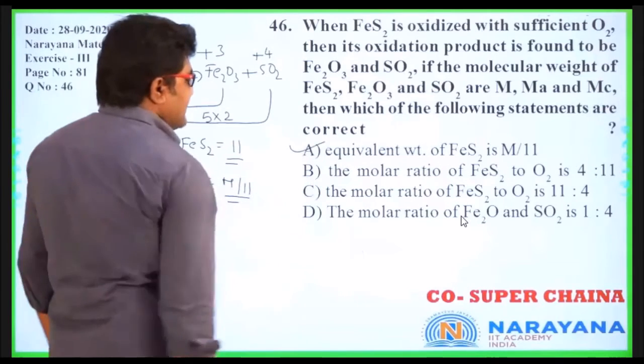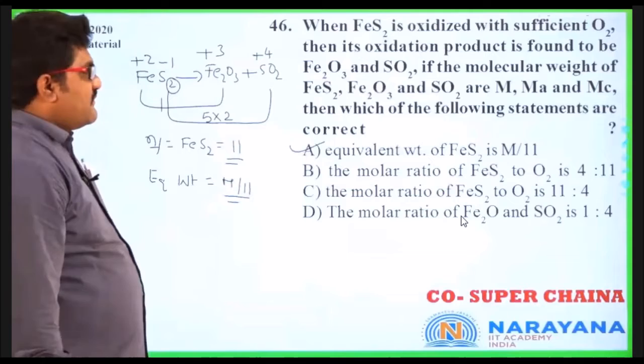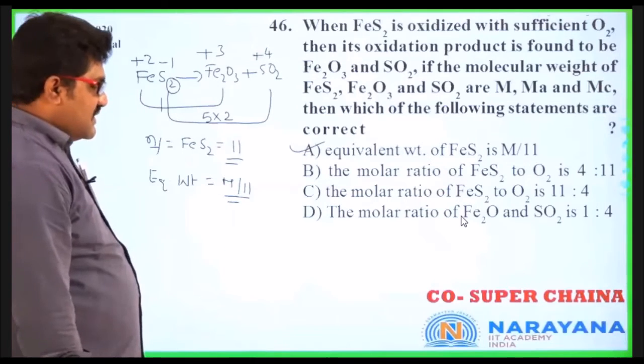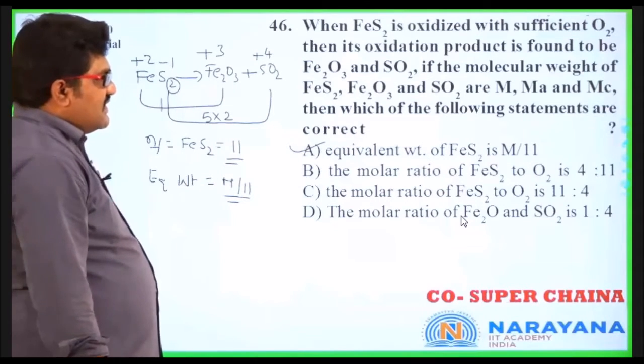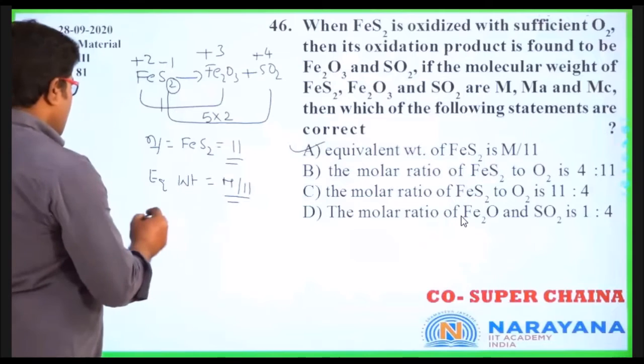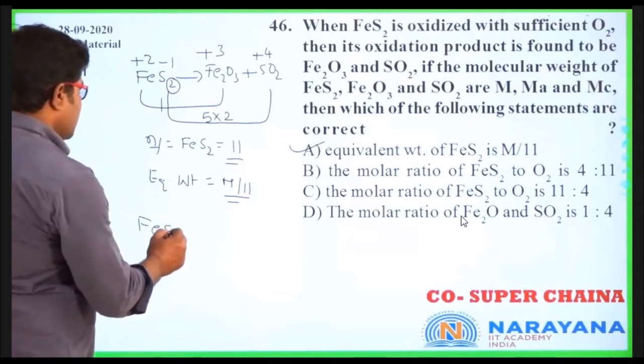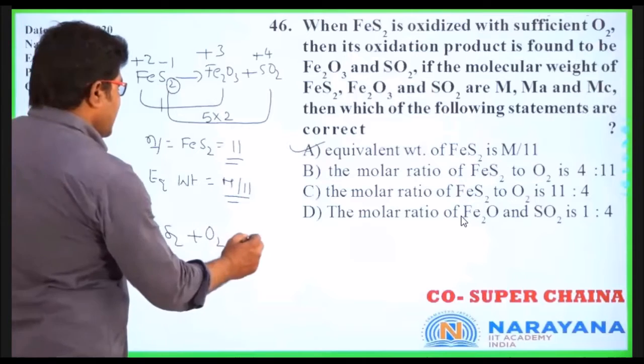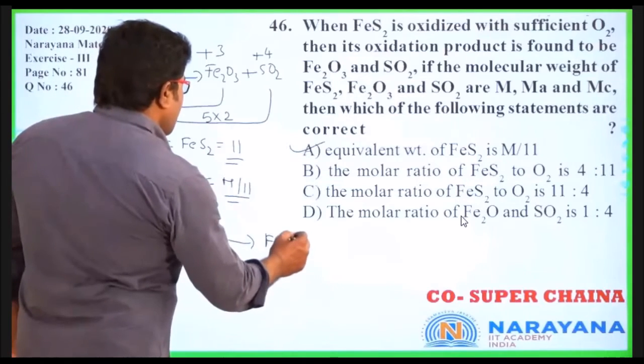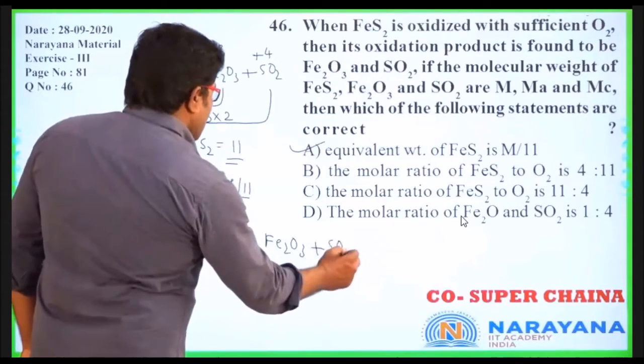So A is correct. The molar ratio of FeS2 to O2 is 4:11. Whenever FeS2 is treated with O2, it can form Fe2O3 plus SO2.